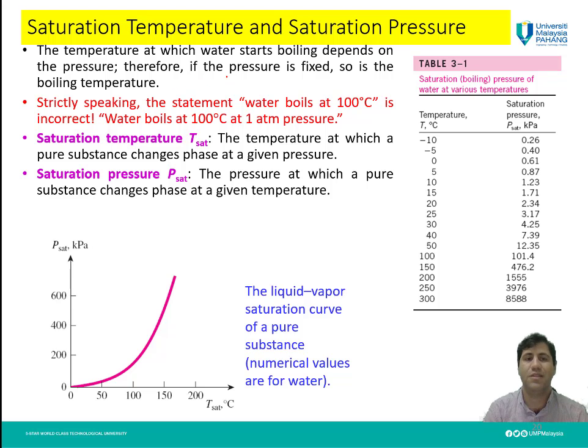In other words, what I told you about those phase changes, and also about the diagram values, also depends on the pressure as well. So strictly speaking, the statement water boils at 100 degrees Celsius is not right.